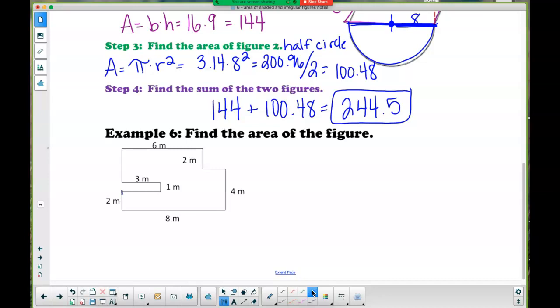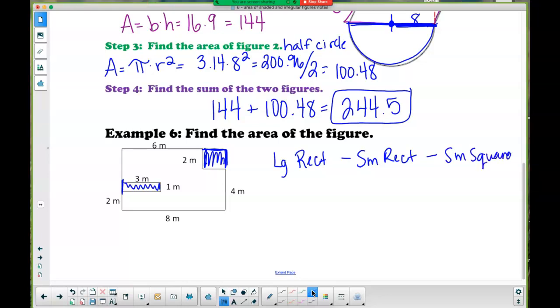I would have drawn a line right here. I didn't know we could. And here. So thinking outside the box a little bit, I would have made this a large rectangle. And then take away this and this. So minus the small rectangle and minus the small square.